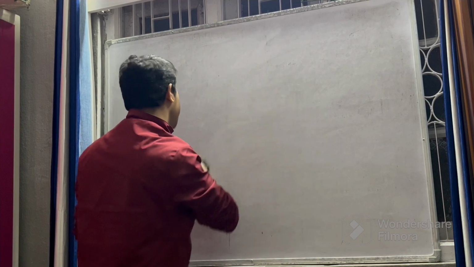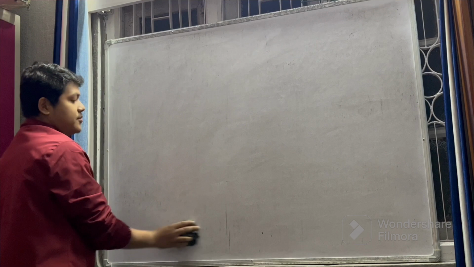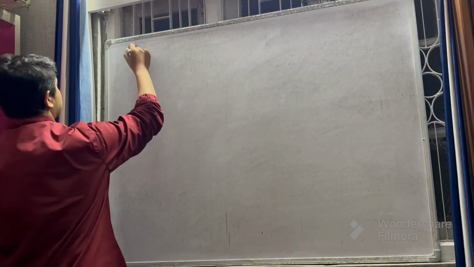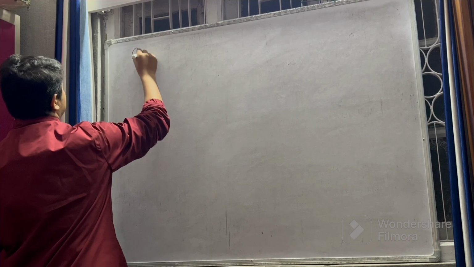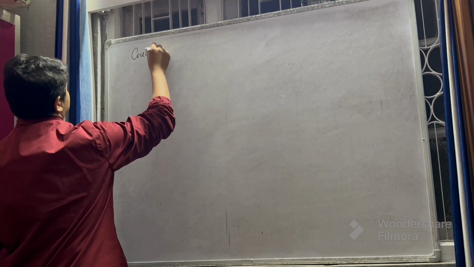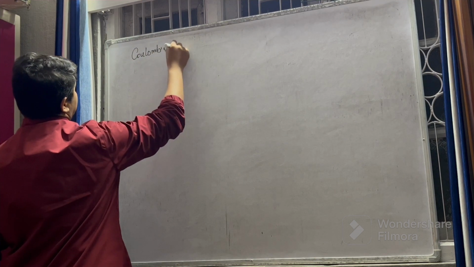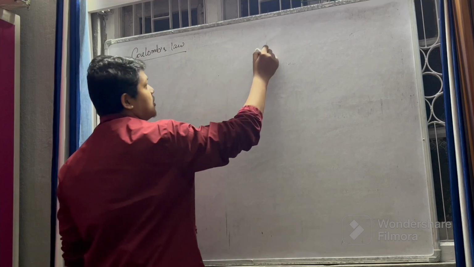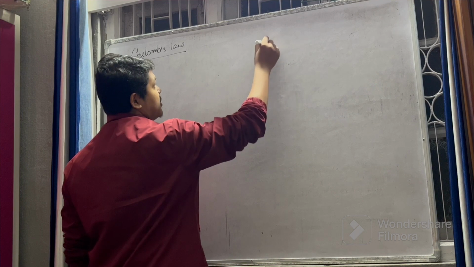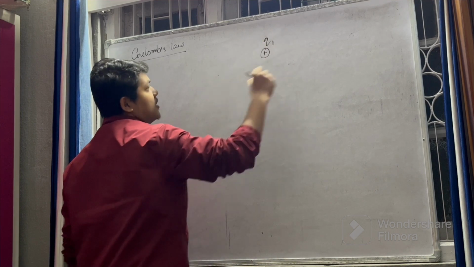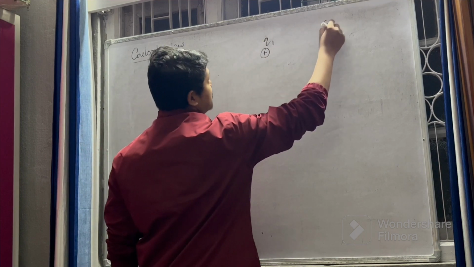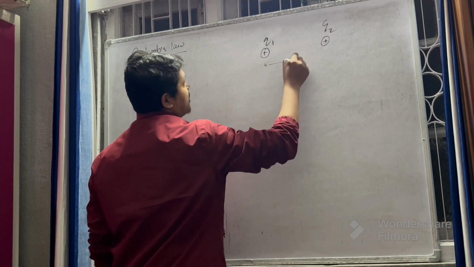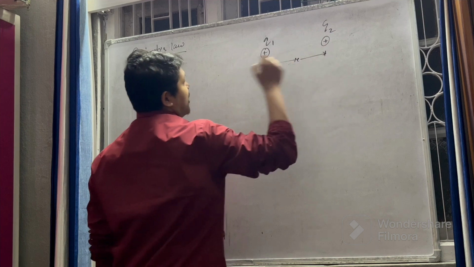We can calculate this force using Coulomb's law. Suppose this is a positive charge Q1, and there is another positive charge Q2, and the distance between them is small r.